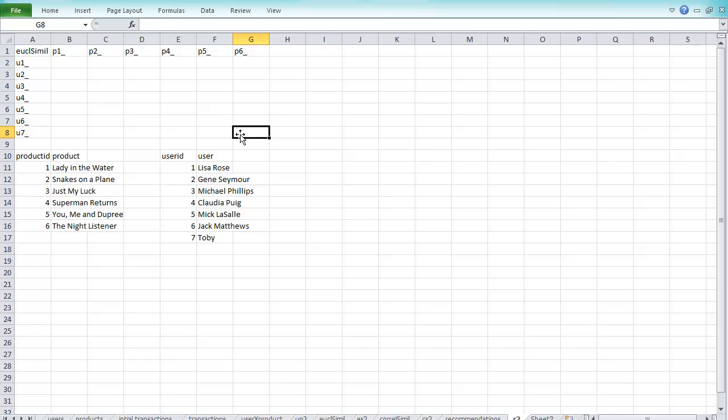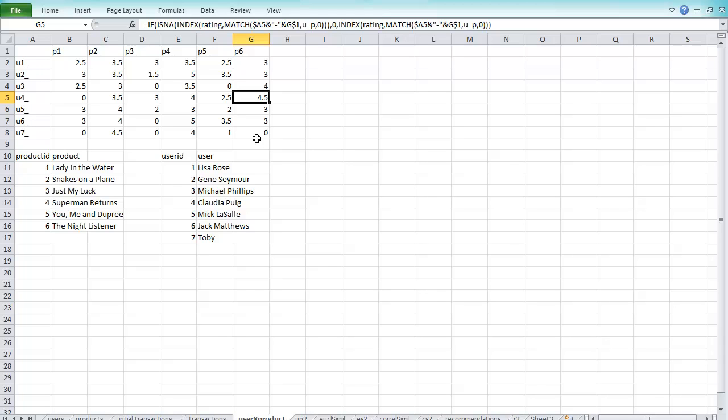So what we do here is the following formula. First of all, we go to the initial table and take the 6th column for Night Listener. This is all the ratings that Night Listener has gotten. Let me read from here. It has gotten from Lisa Rose 3, from Gene Seymour 3, then a 4, 4.5, 3, 3.